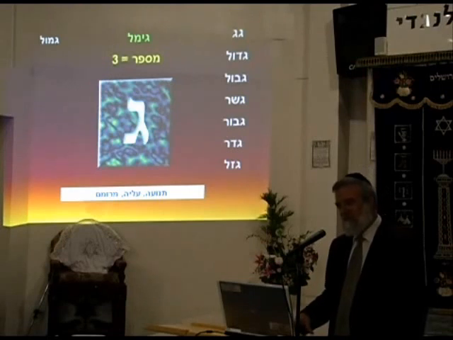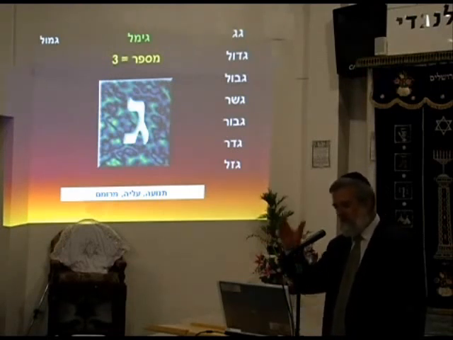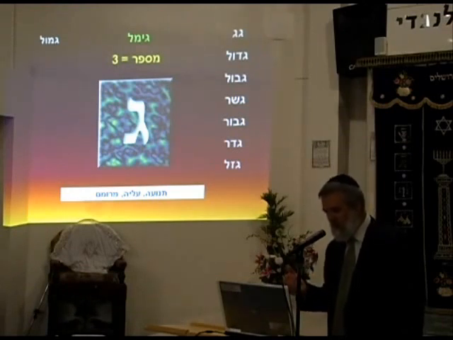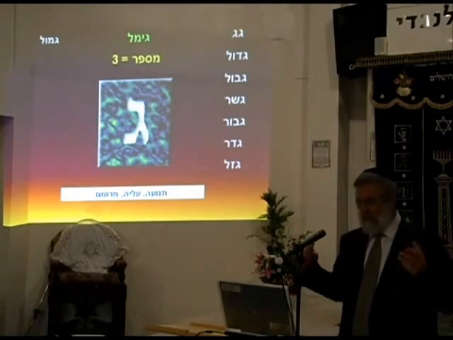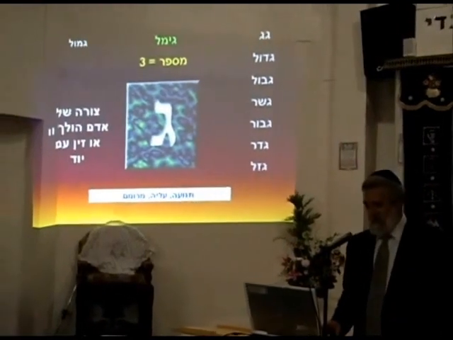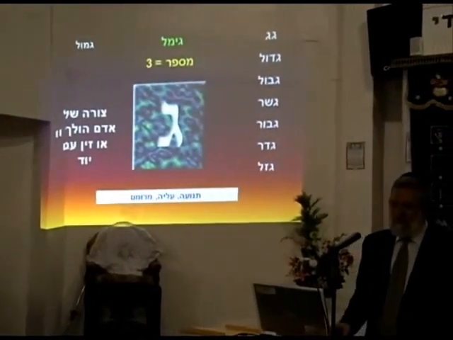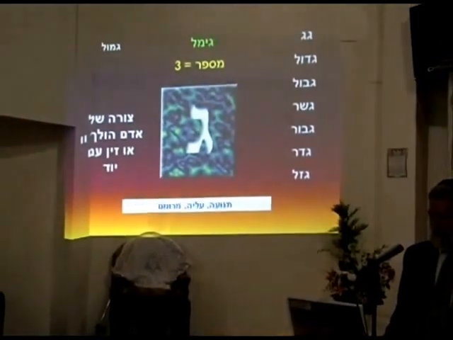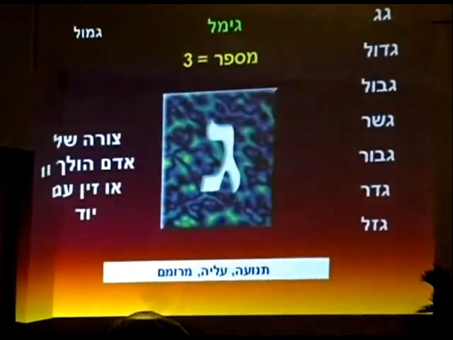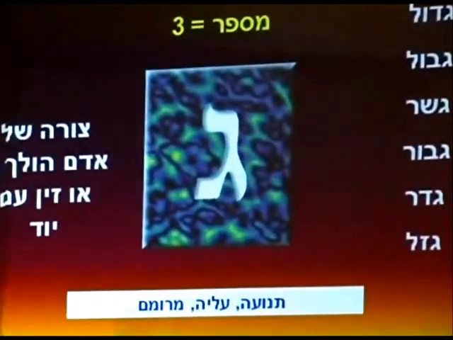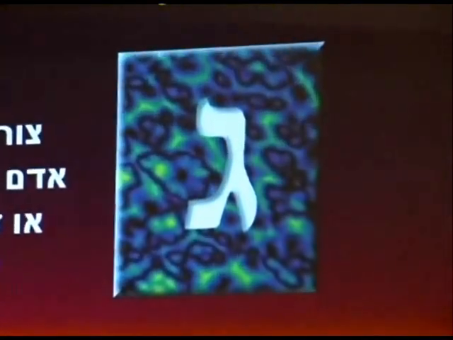So you see, for the most part, certain concepts common to all these words that have to do with some sort of either movement or something elevating a particular object. What does it look like? The shape is, the rabbis tell us, is the shape of a human being walking. Or it could be also a vav or a zayin together with a yud, which also Kabbalistically has some meaning why it's composed of certain letters.